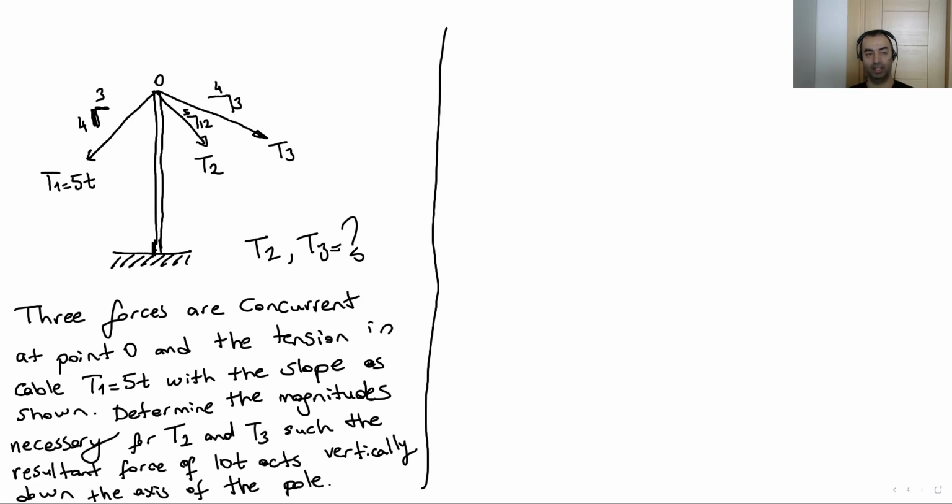because this is not a force system like the previous examples. We have three forces at the top of the pole, but the resultant force acts on the pole and goes downward according to the text here.